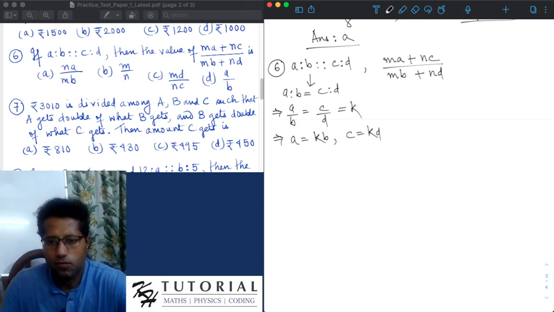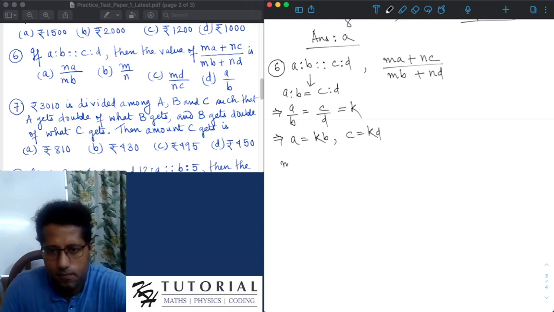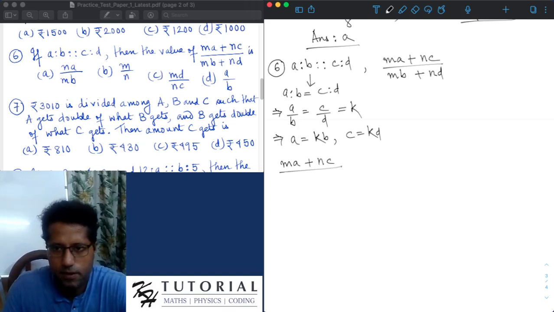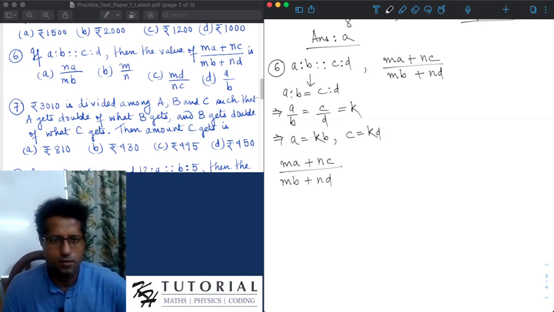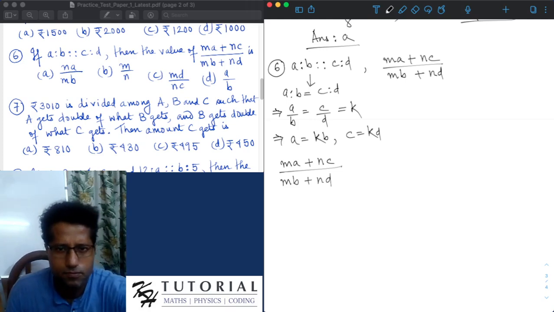Now we have to find what is MA plus NC divided by MB plus ND. Definitely in the choices you can see there are some choices.